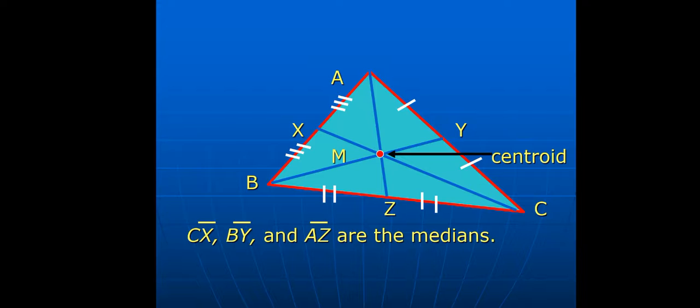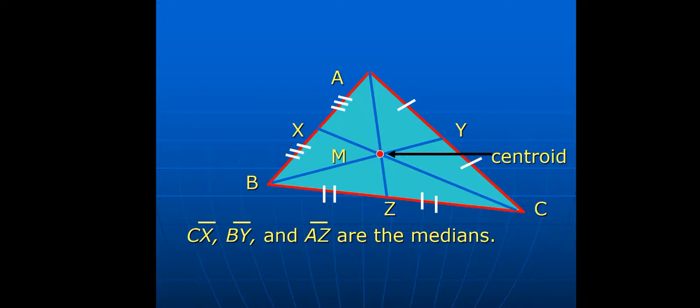As you can see, the first is B and Y. Because B is the vertex and yung line niya ay naka-straight sa Y, which is the midpoint of AC.